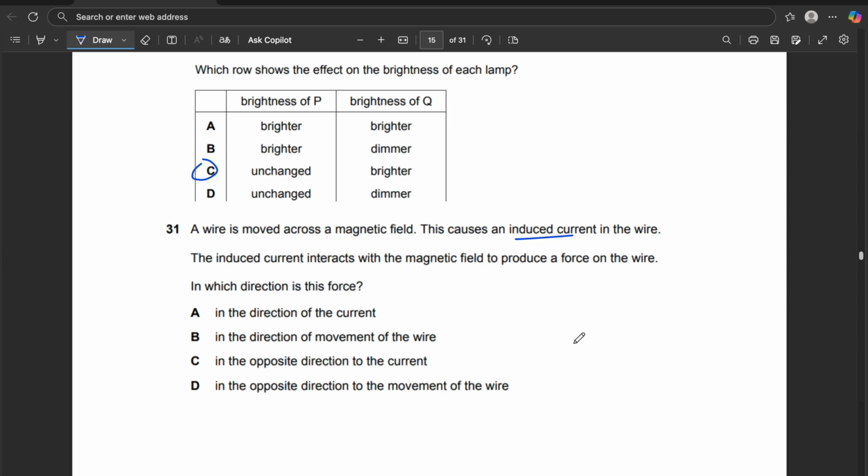But to determine the movement of the wire, we will use the left-hand rule, right? So left and right, if you use different hands, when the direction of magnetic field and current is constant, then you will see that those two thumbs are in opposite directions to each other. So we have to choose D.